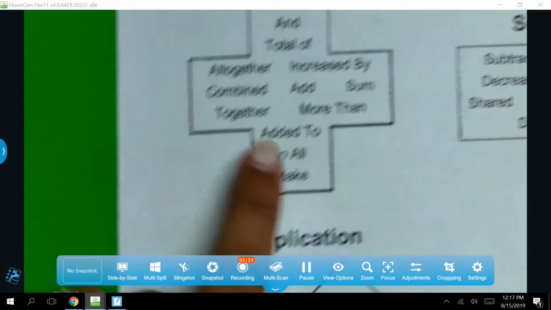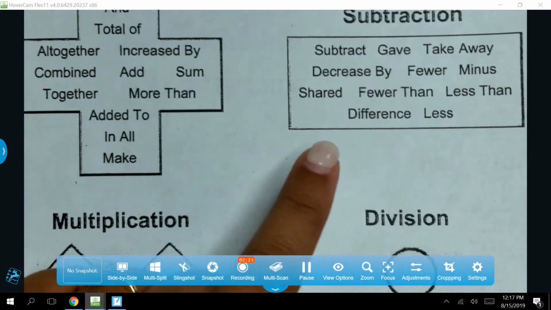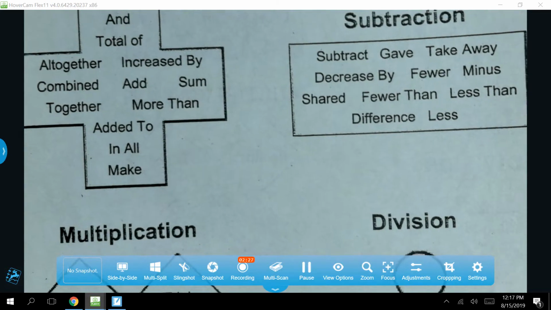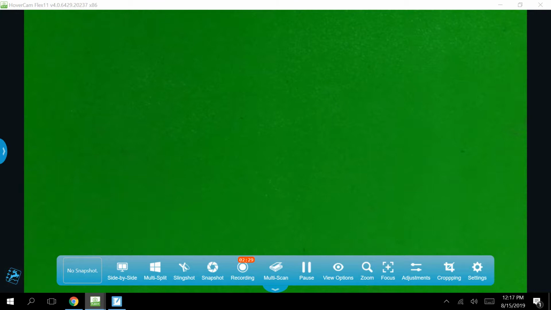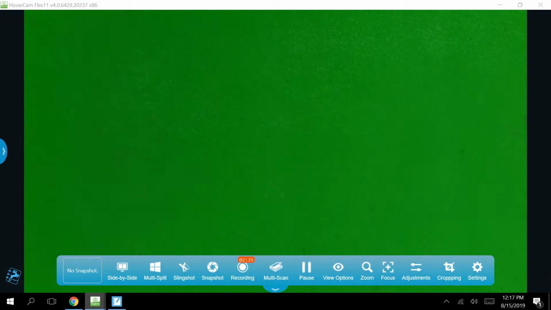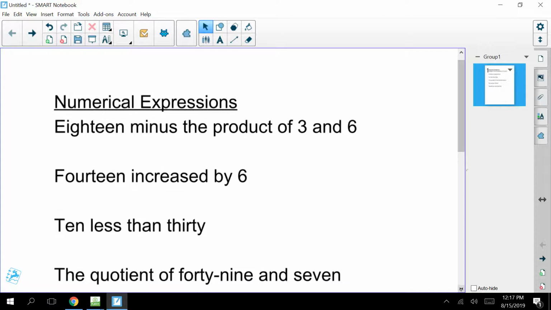The back is basically the same thing. It just has a little bit more words that mean all the order of operations. Okay? So put this in the front of your notes. Don't lose it. And we're going to do a few examples. So get out a piece of paper, and I want you to write these examples so that you have them in your notes.